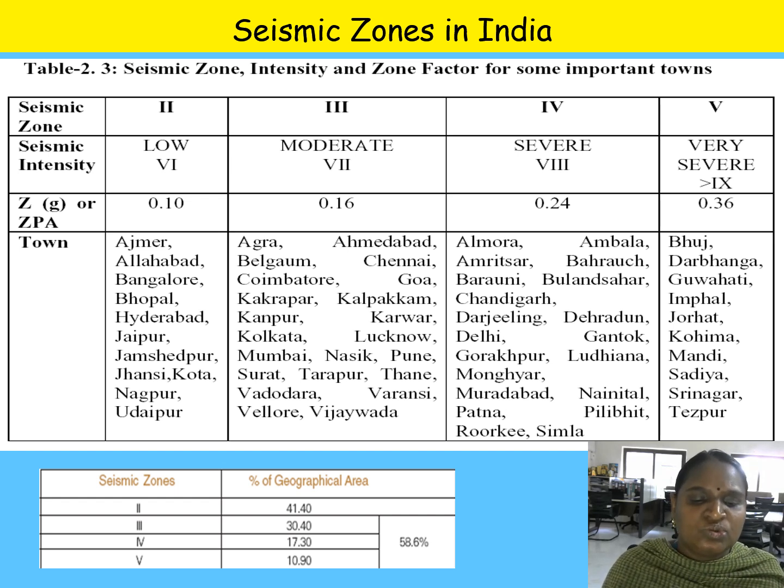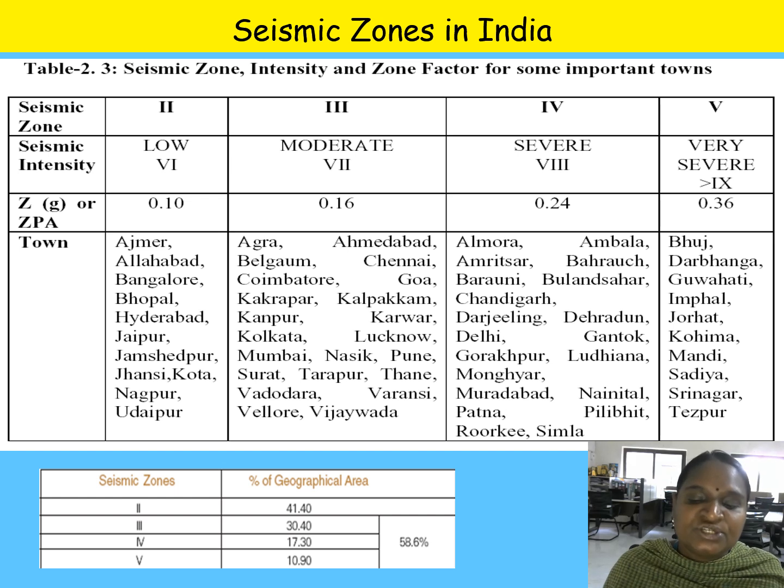When it comes to zone 4, the effect will be severe and the zone factor will be 0.24, and when it comes to seismic zone 5, it is a very severe condition and the zone factor is 0.36.